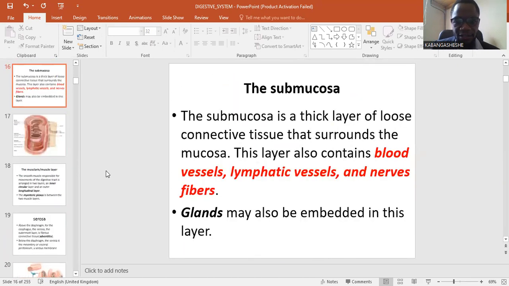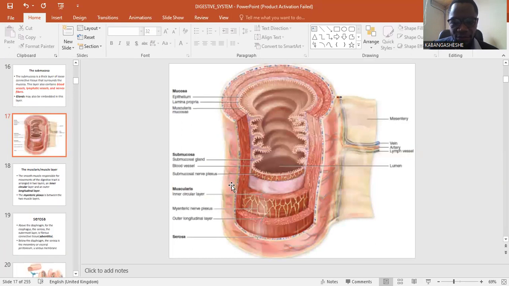So this structure here is a bit more detailed than the previous one. We'll see that much of the inner lining, what we're calling the mucosa, is highly folded. I'm sure you can see those folds, more like hills and valleys. Then what we are seeing here is a layer of submucosa. Now remember that submucosa is nothing but loose connective tissue.